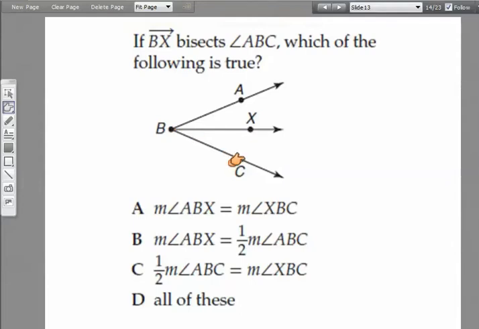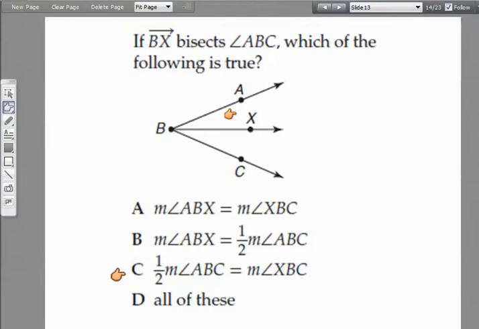Well, that's going to be true because they told us that ray BX is a bisector. So A is going to be true. Let's look at B. It says the measure of ABX is half the measure of angle ABC. Well, that's also true. Because BX is a bisector, ABX is exactly half of the larger angle ABC.